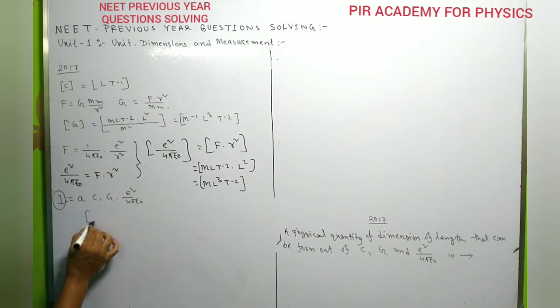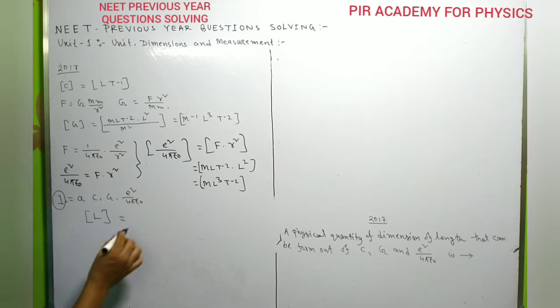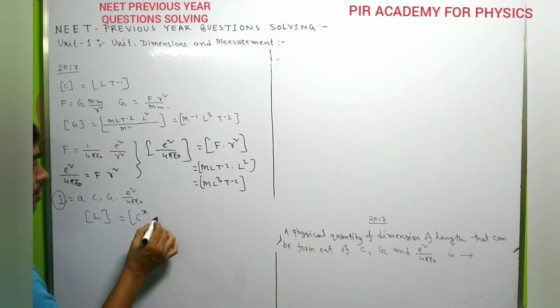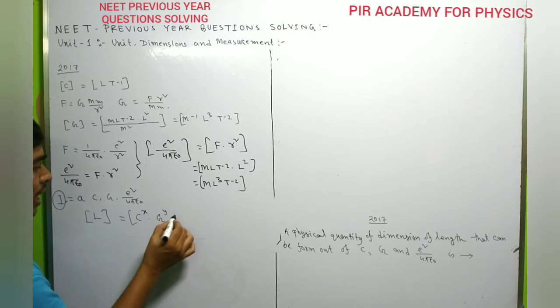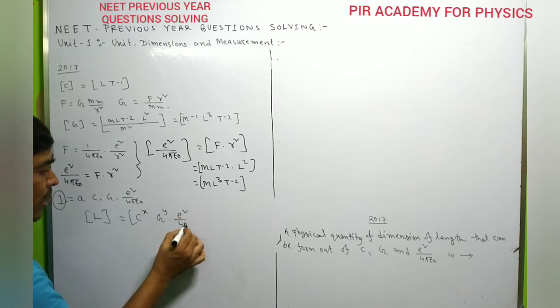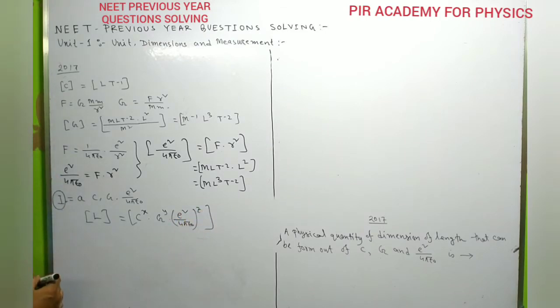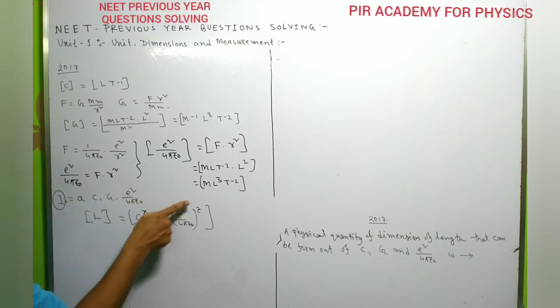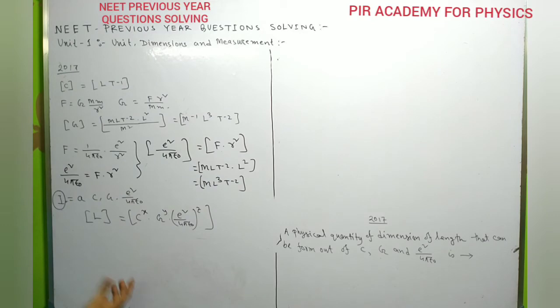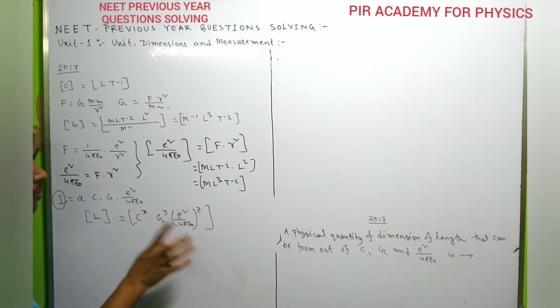It can be written as the dimension of length equals c to the power x, G to the power y, and e square by 4 pi epsilon naught whole to the power z. So if I can calculate the values of x, y and z, then I can express the physical quantity l in terms of c, G and e square by 4 pi epsilon naught.